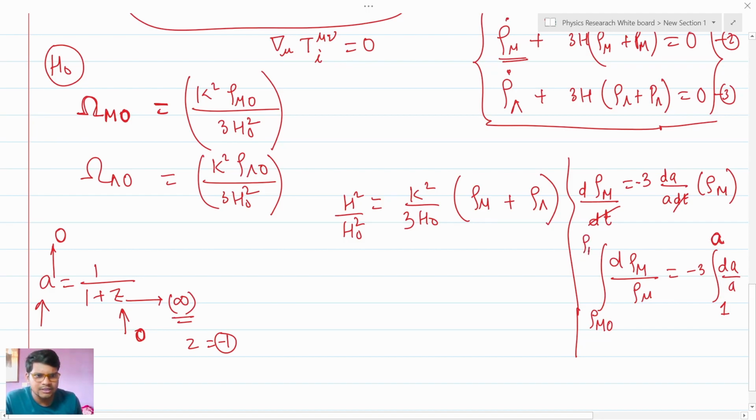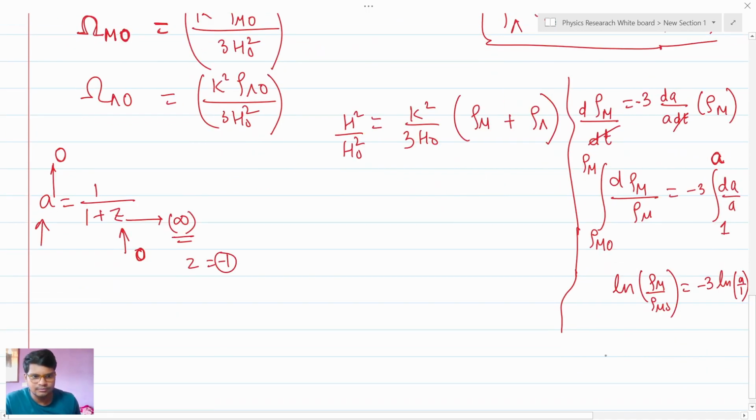And at this point, I can say that rho m is again some kind of variable. So over here, I can have log of rho m over rho m0 is equal to minus 3 log of A over 1, correct? Sorry, I am not taking too many steps. So I can just say rho m is equal to rho m0 e to the power of log A to the power minus 3, because log of 1 is equal to 0.